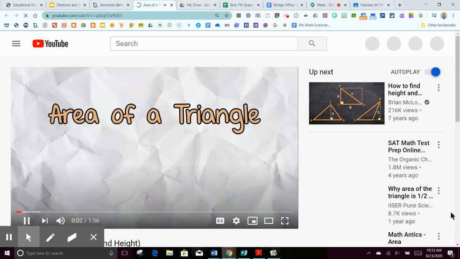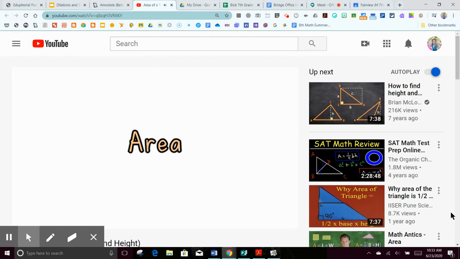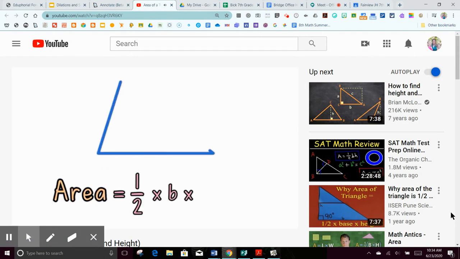Let's learn about the area of a triangle. The area of a triangle is half of the base times the height. Distance along the base. Is the height measured by roundness to the base. Is 1/2 times base times height.